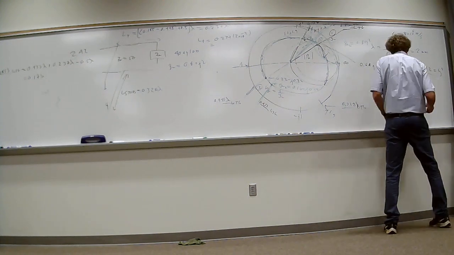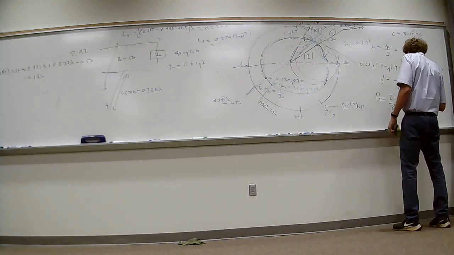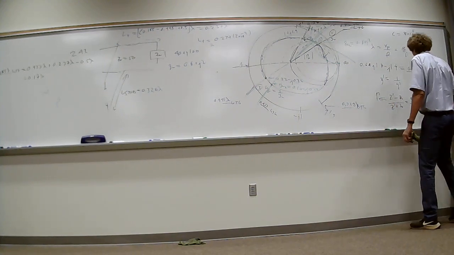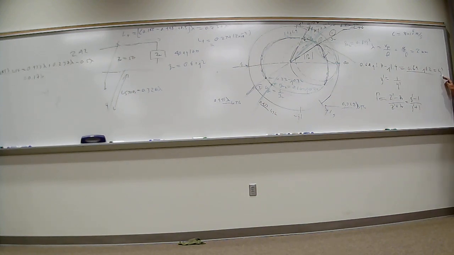Now if you divide top and bottom by Z naught, you get Z prime minus 1 over Z prime plus 1. This is your Z prime, it's 1 over that. And you can get the right value doing that. You all see this, class. What is that value? Can somebody tell me? Give me the magnitude first and the angle.